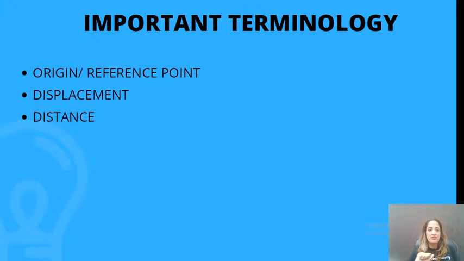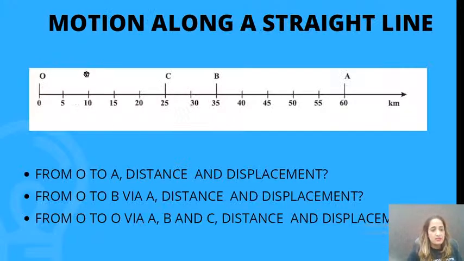Here you go. As I said, the important terminology is the origin or the reference point, the point from where the object starts moving. As in this diagram, point O is the origin for the car.